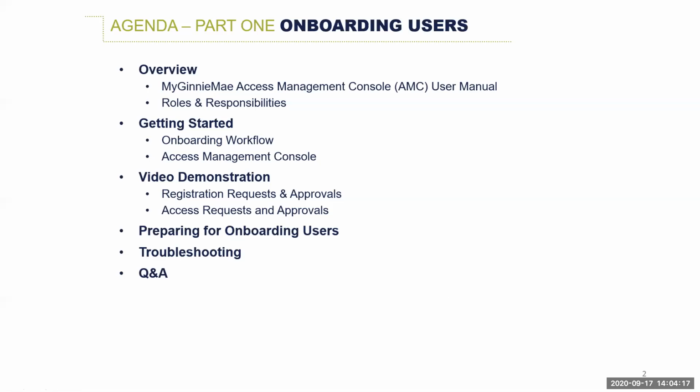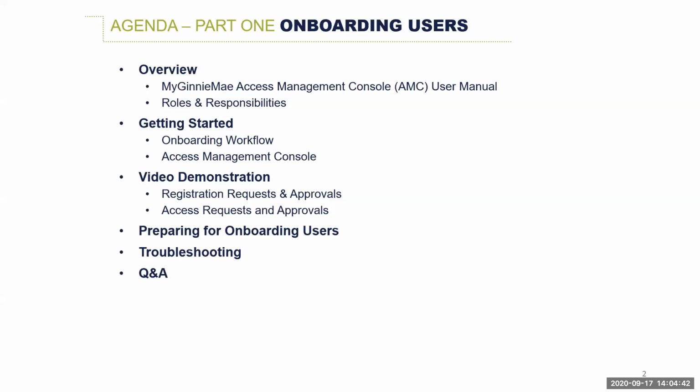Okay, here's a little rundown of what we're going to cover in the first part of the presentation. We're going to walk you through how to onboard end users into MyGinnieMae. I'm going to give you a quick overview of the Access Management Console, go over your roles and responsibilities as an organization administrator, and then we're going to talk about the onboarding workflow for MyGinnieMae and how you get to that Access Management Console.